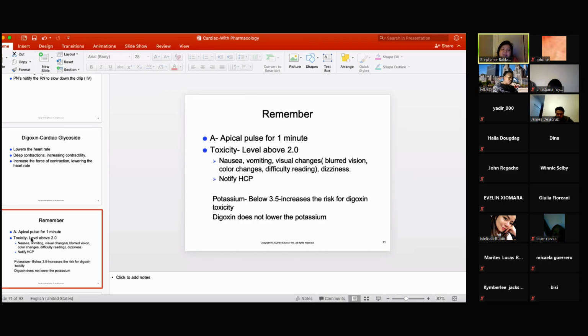What you have to remember here is, when you answer questions about digoxin, in the ideal world, you have to check the apical pulse for 1 minute. How do you check the apical pulse? Where is the apical pulse?